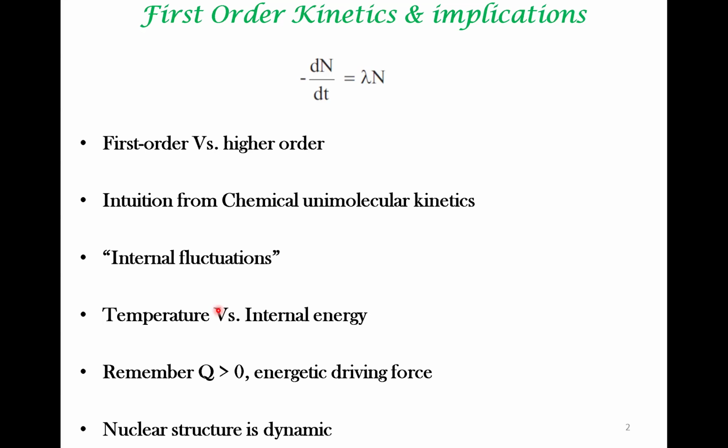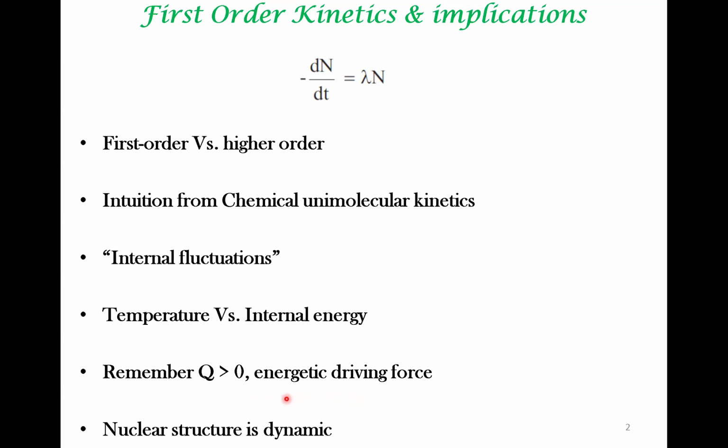While this is very easy to understand for chemical kinetics, even for nuclear structure, as we saw in the previous lecture, there is an energetic driving force. So there is a propensity for the nucleus to change from the reactant nucleus to the product nucleus.